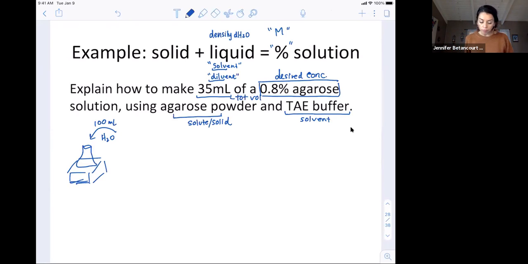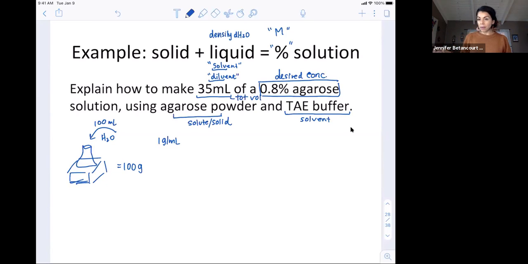Okay, cool. So if you took 100 milliliters of water and threw it on a scale in a flask or a container, that scale would read 100 grams. So the density of water is 1 gram per mL. We memorize that, but we sometimes forget what that actually means.